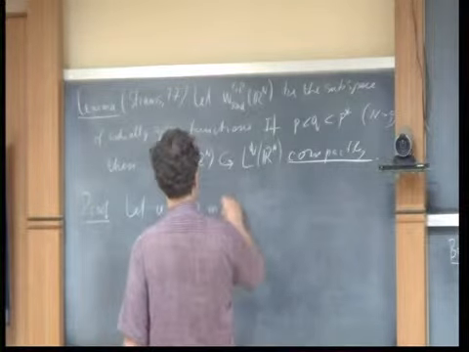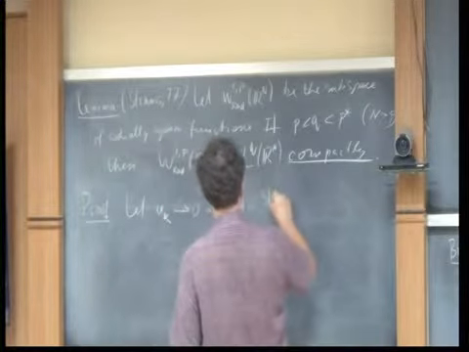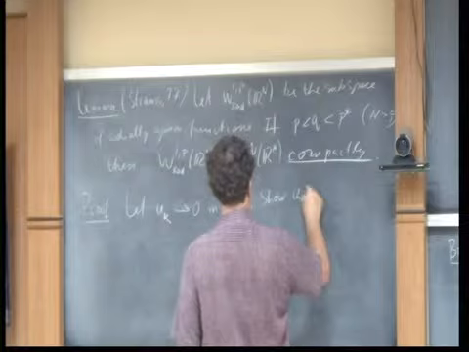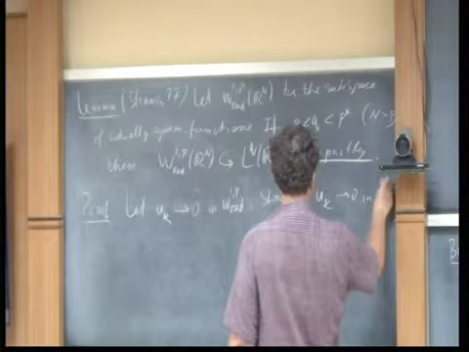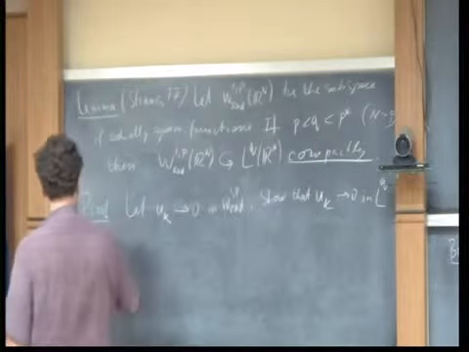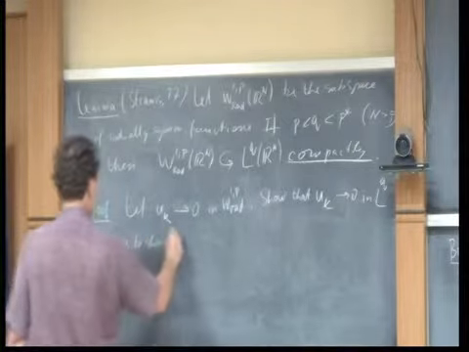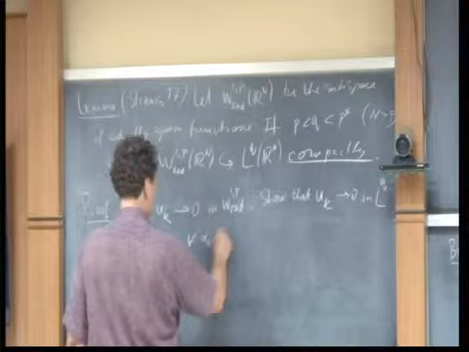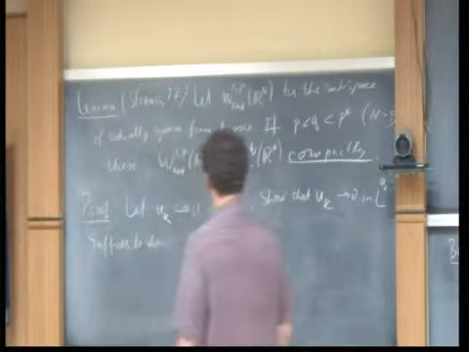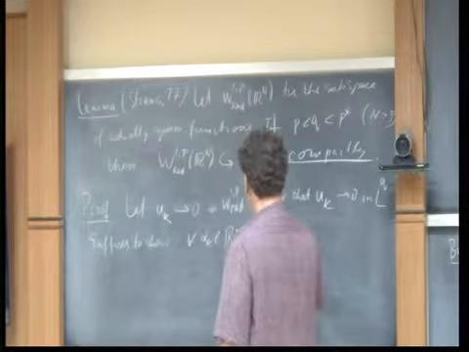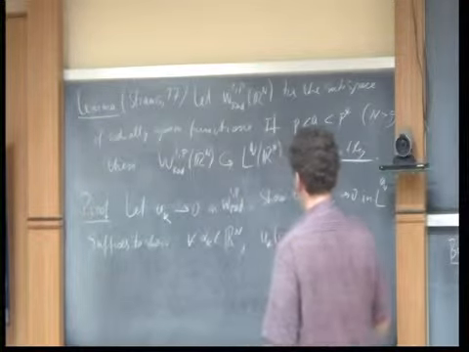So in W^{1,p}_radial, we want to show that u_k converges to 0 in L^q. It suffices to show that for every sequence alpha_k in Z^n, and even better if you prove it for all R^n, u_k(dot minus alpha_k) will go weakly to 0.